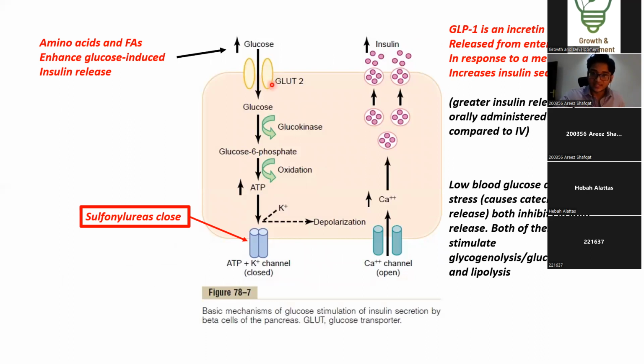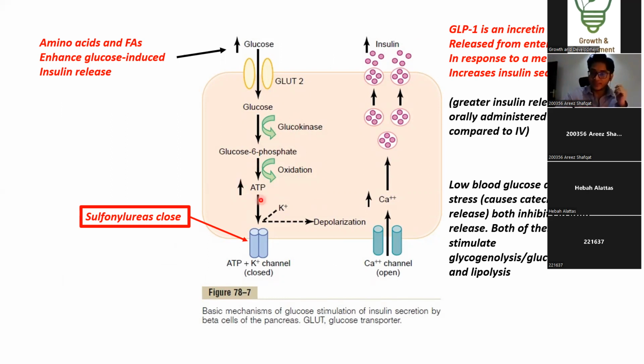Now, this is just a diagrammatic representation. Glucose is high inside the blood because you've just eaten a meal. It comes into the pancreatic beta cells because of Glut2, which increases uptake of glucose proportional to substrate concentration. Glucose is phosphorylated by glucokinase to glucose 6-phosphate, and this also has a high Km value.